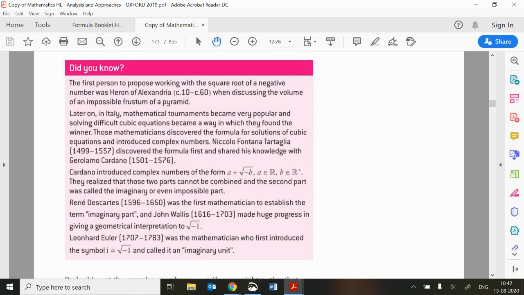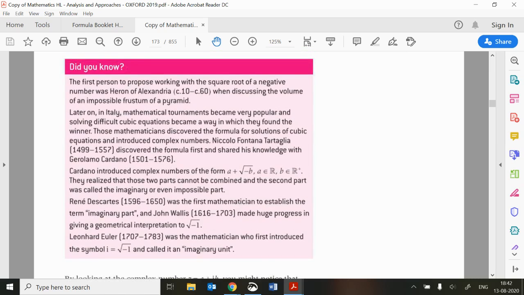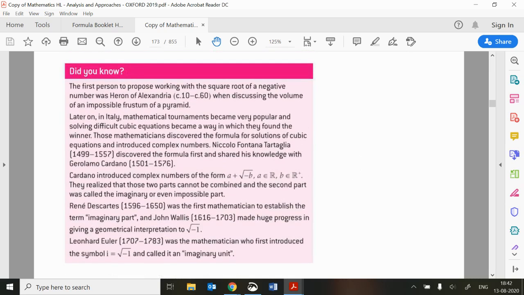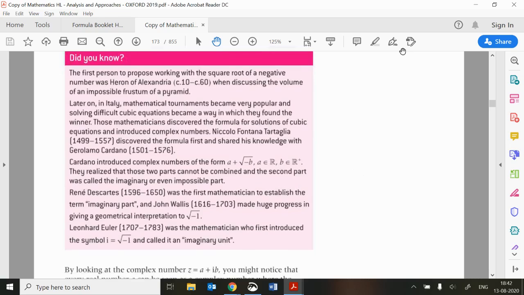Or is that circa 10 to 60? Okay, but basically around the turn of the first millennium. So it's around year 0, when we're measuring time in Christian time, basically.